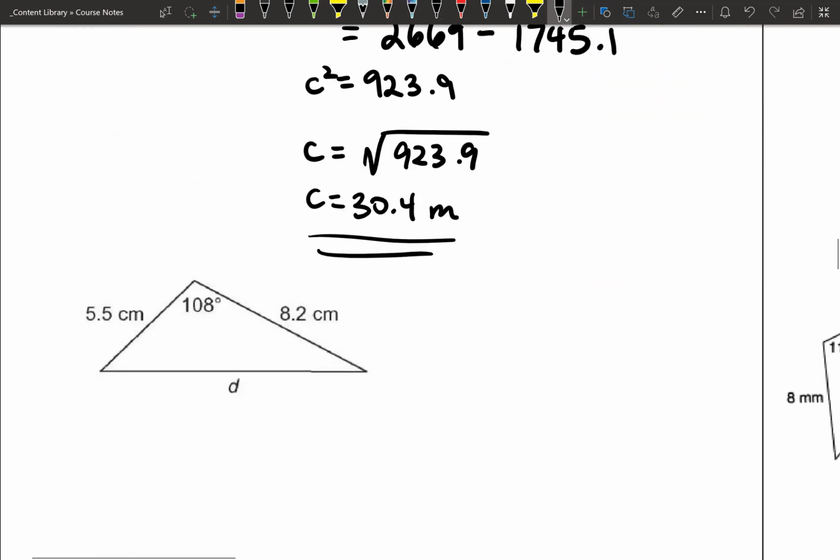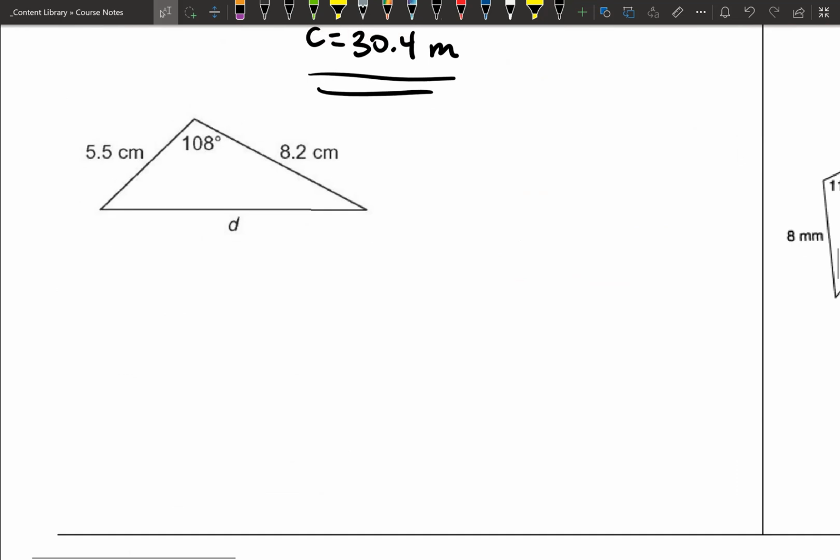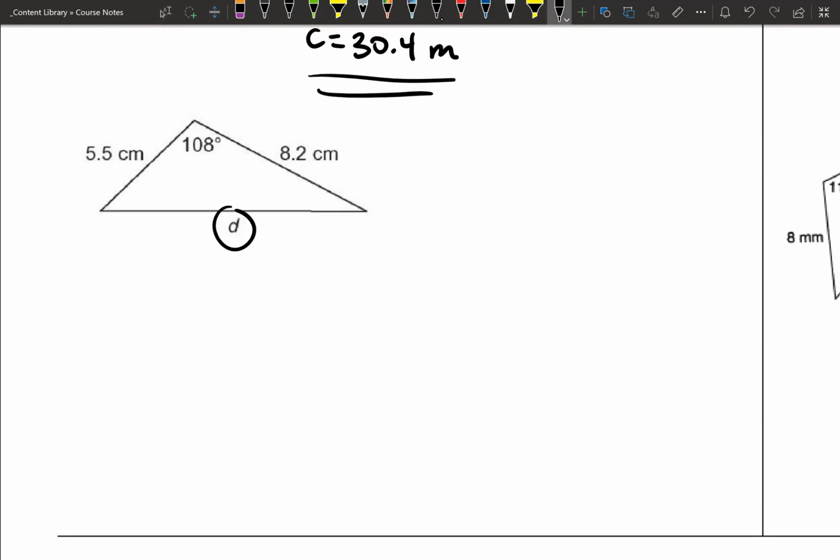Okay, let's look at another one. What if your letters change, right? So if we're looking for side D, I could write this as D squared. Recognize that you have a side here and another side here, and the angle between them. Okay, so this is an SAS triangle. And if you really look carefully at the cosine law, it follows a very familiar pattern that repeats itself as you do all these problems over and over again, right?